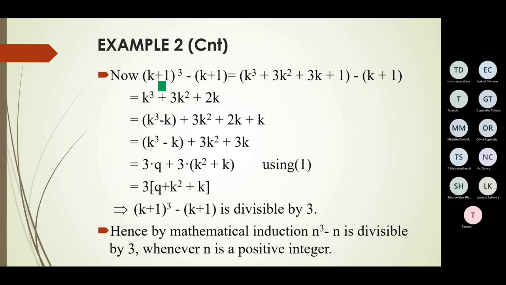So if we expand this, k plus 1 multiplying itself 3 times and then subtract k plus 1, we get this minus k plus 1. And then if we further expand this, what do we get here? You get k cubed plus 3k squared plus 2k.